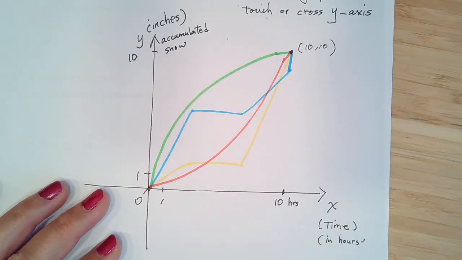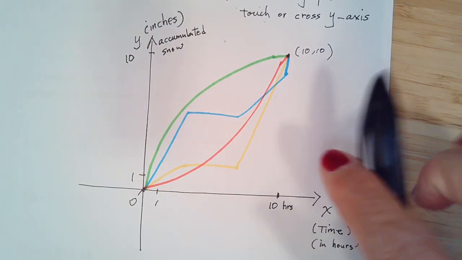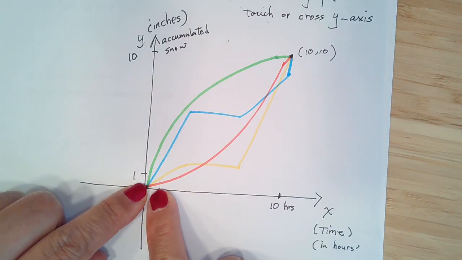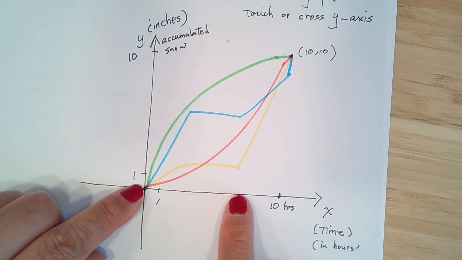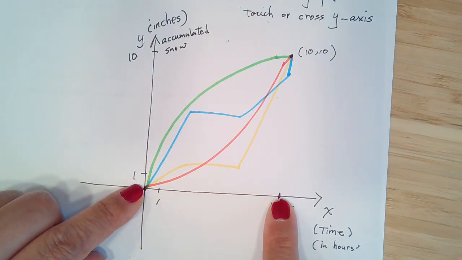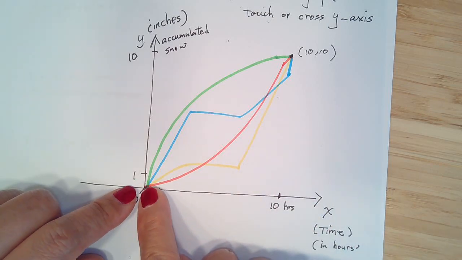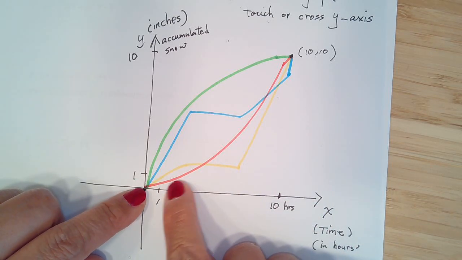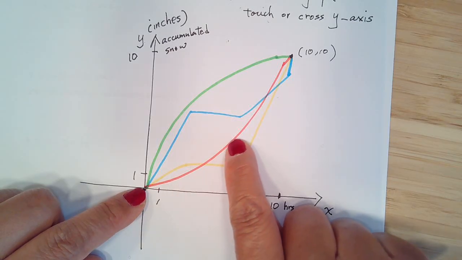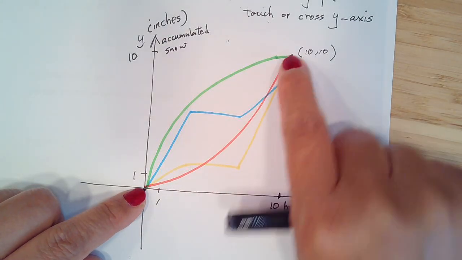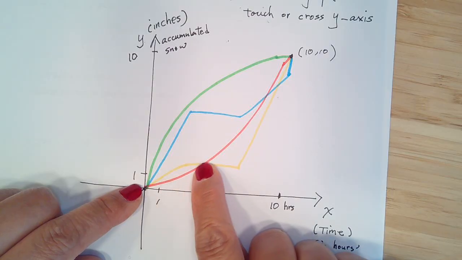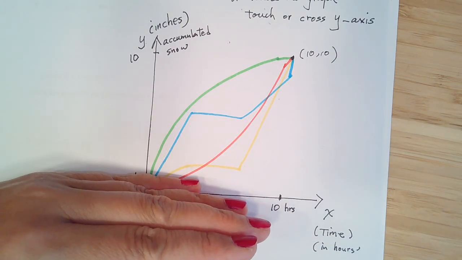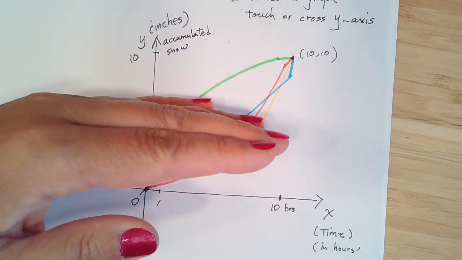What can you tell from this? Look at the red one. When time goes from here, 1, 2, 3, 4, that's evenly, right? That was time. So when time goes by, it goes from like 0.3 maybe, and then 0.8, so it goes up pretty quick. So here was pretty flat. Flat means the accumulated snow grows slowly according to the time.